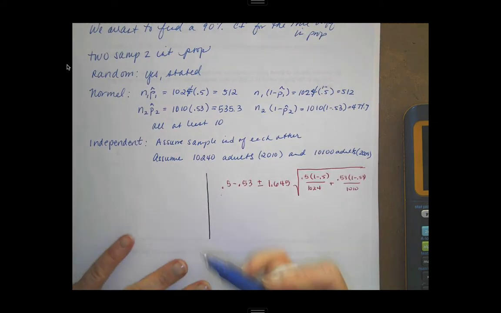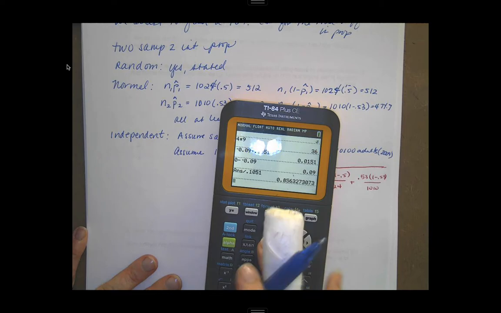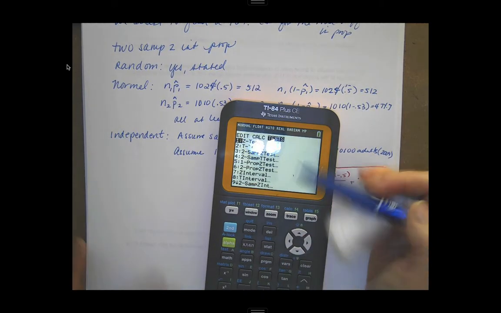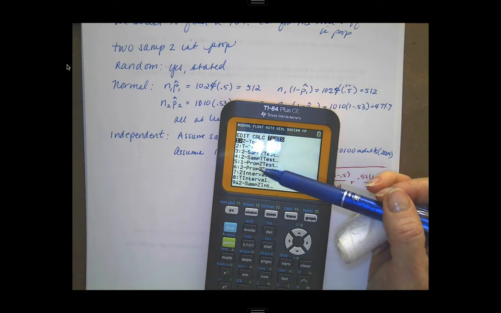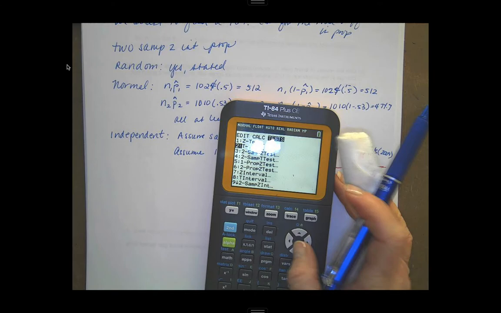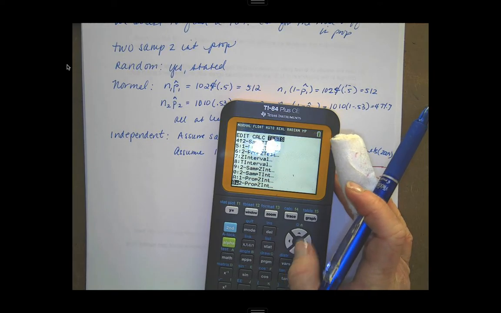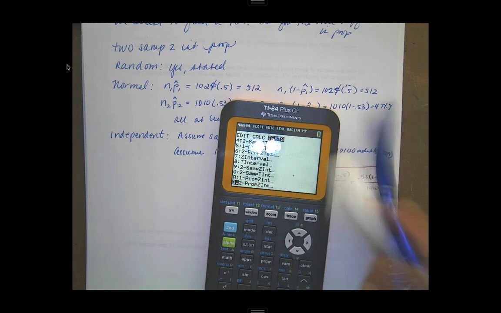Again, you're welcome to type it in the calculator and try to solve it that way. I think it's easier to go here, so I go to Stat, Tests. Now we're looking at the ones that have the number 2 in front of them. Still doing an interval. Remember, I told you the word prop is always written when it's about a proportion. So 2-PropZInt is option B down here.